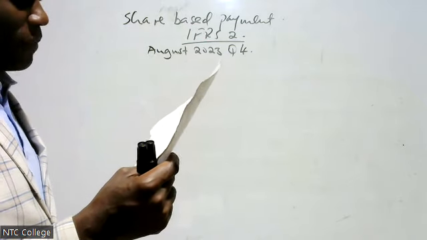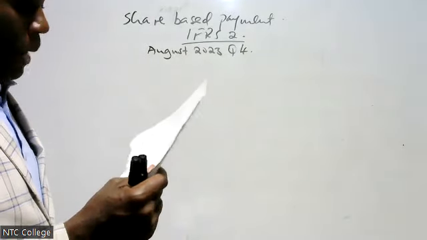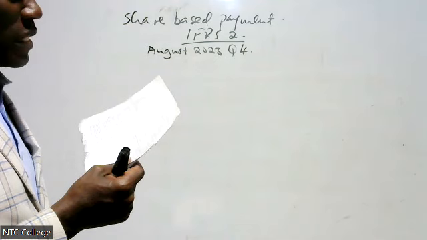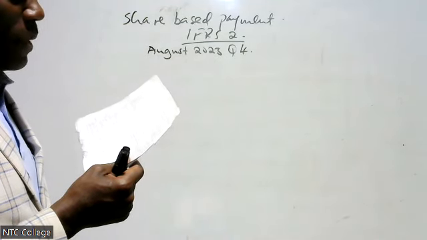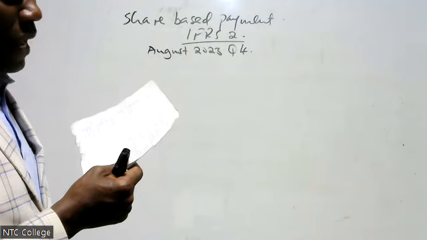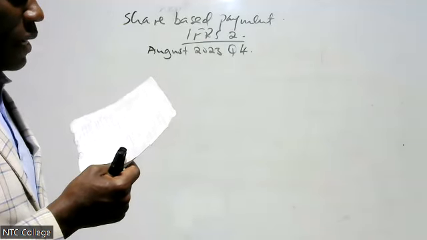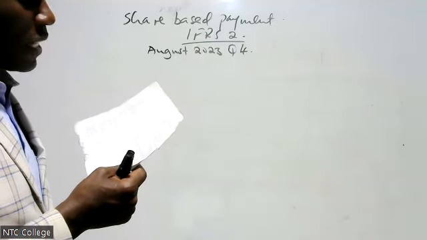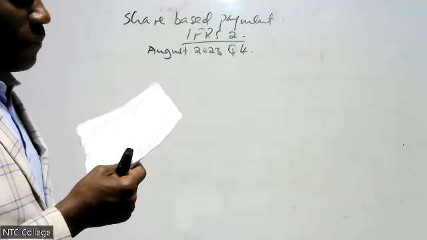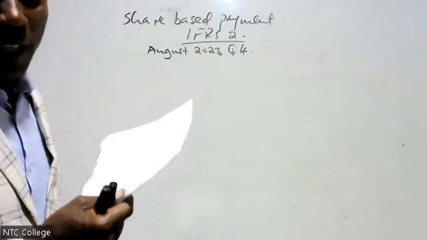On the grant date, the fair value of the option was shillings 15 each. 25 employees left the company during the year ended 31st December 2020, and a further 30 employees were expected to leave in each of the 2 years ending 31st December 2021 and 31st December 2022.